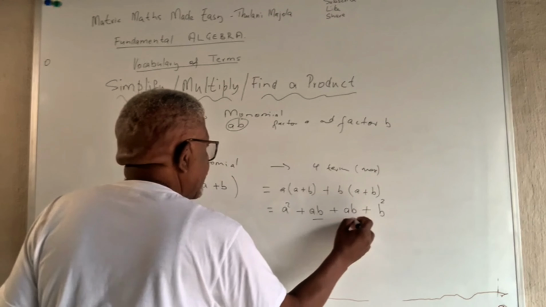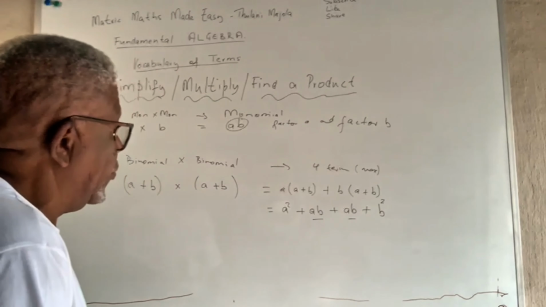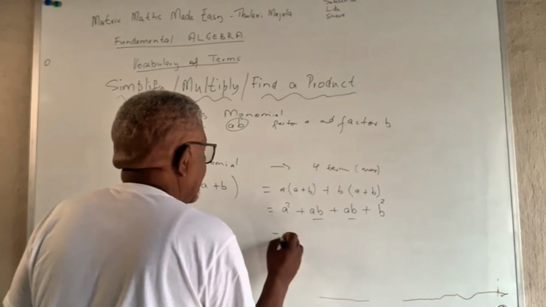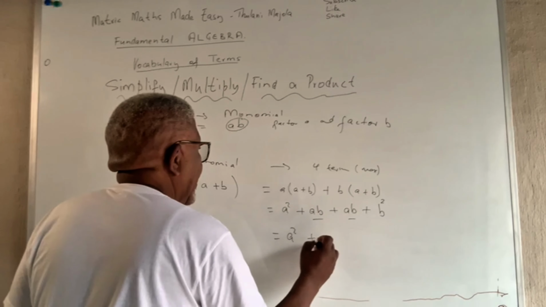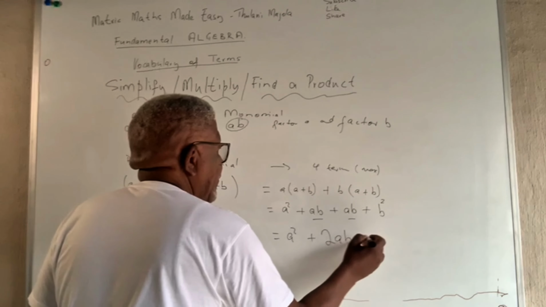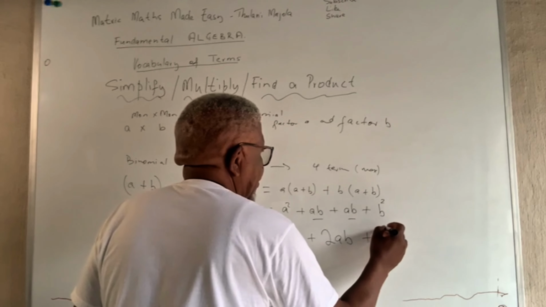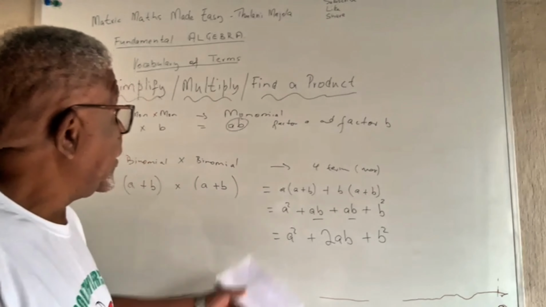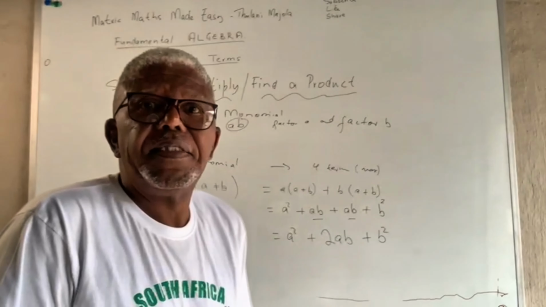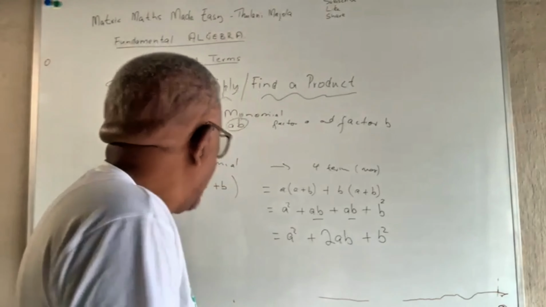Now you can see these two terms are similar, so you can put them together. So this is equal to A squared plus 2AB plus B squared. So it's 3 terms instead of 4. That's why I said 4 terms maximum.